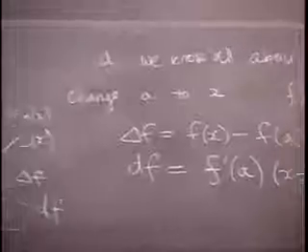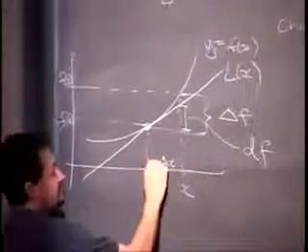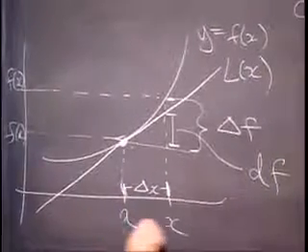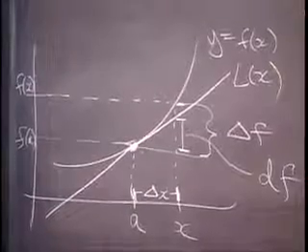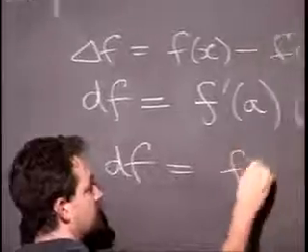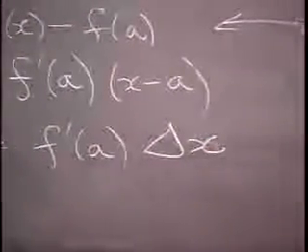I want to put this in perspective by thinking of this quantity as delta x. So it's the amount I actually changed x from a up to x. I changed it by delta x. Then actually x minus a is exactly the quantity delta x.